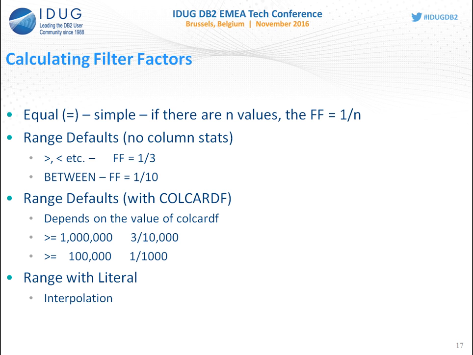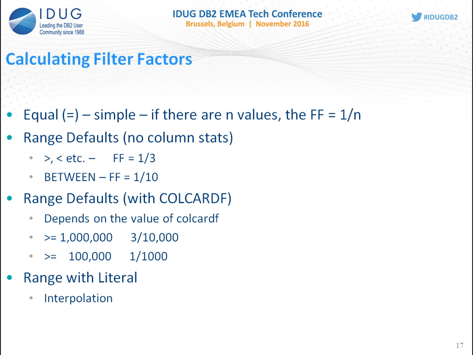If it's over 1 million and less than whatever the next one is, it's 3 out of 10,000. The assumption made on the part of DB2 is that the more different values you have, the smaller the range you're asking for. And that may work well for some columns, but for others it's a terrible assumption.